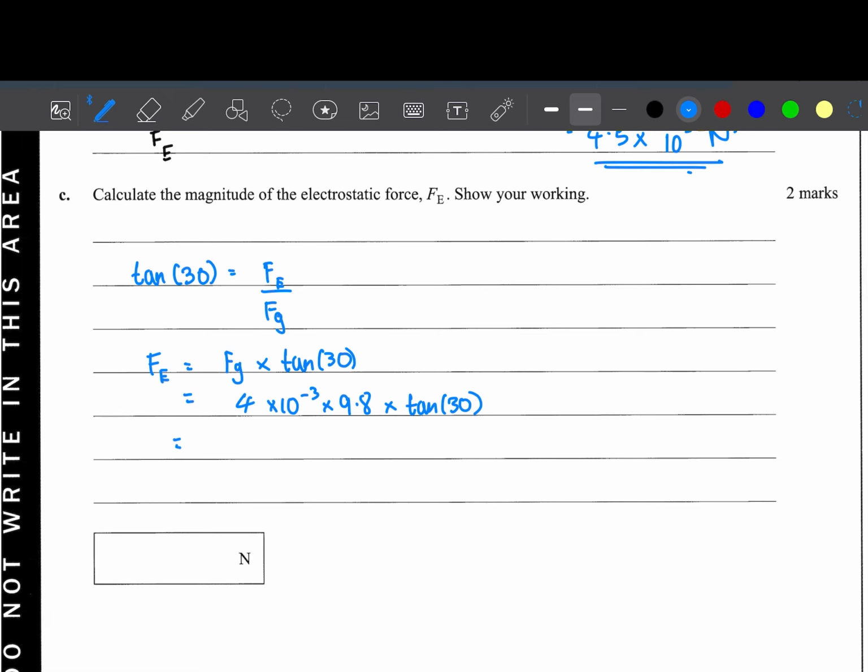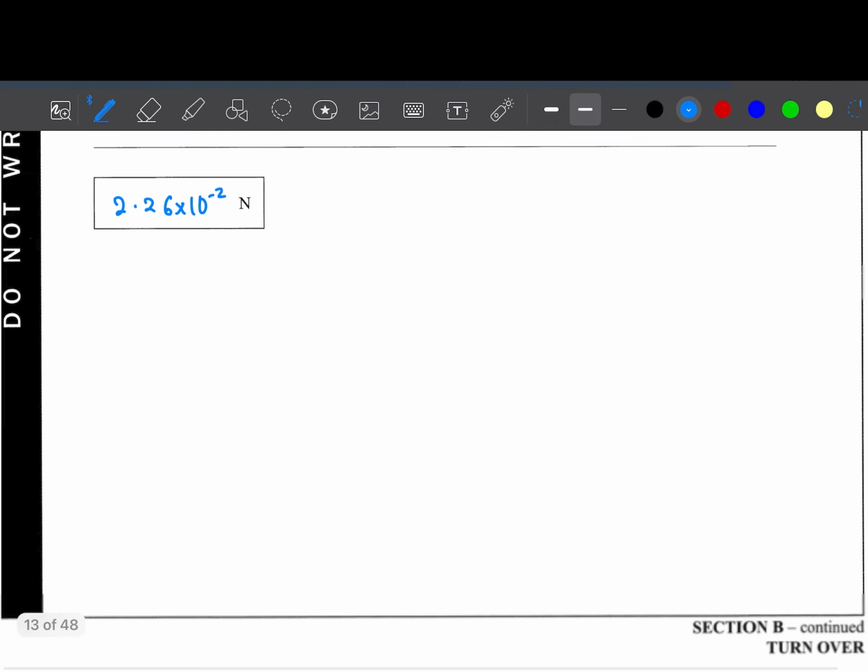I was just making sure that I didn't write 0.4 like in the question above this. Let me punch that in the calculator: 4 times 10 to the -3 times 9.8 times tangent 30. We will get 2.26 times 10 to the -2 newtons. So that will be our answer for this.